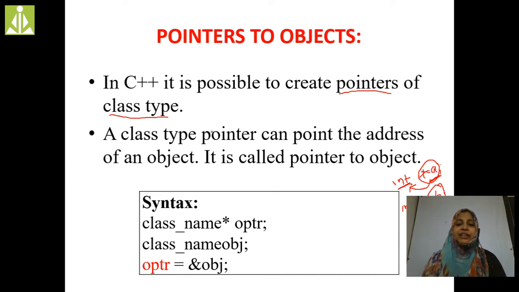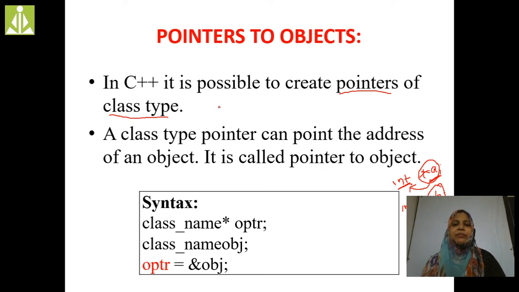Whenever we create a pointer to that particular class, it can point to the address of the object. Why do we take that pointer to hold the address of the object? Whenever we declare a class, it consists of data members and member functions.